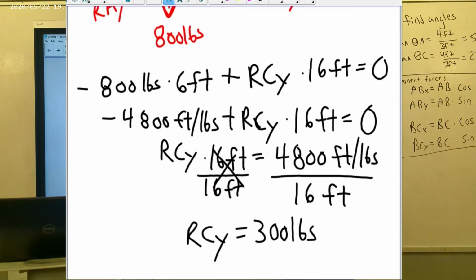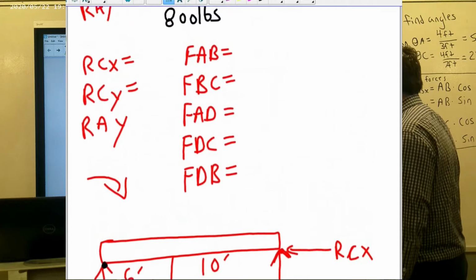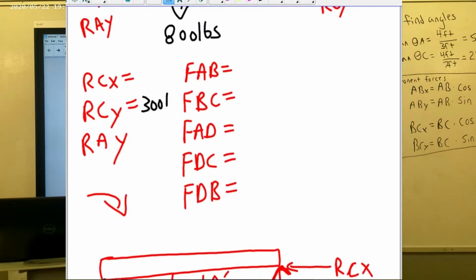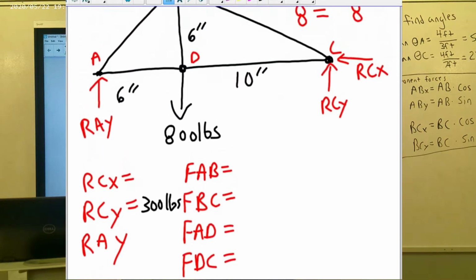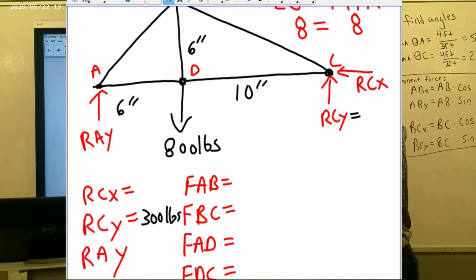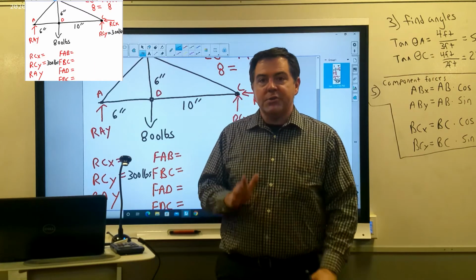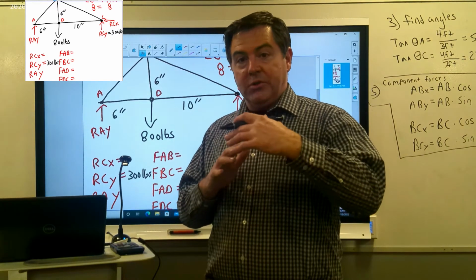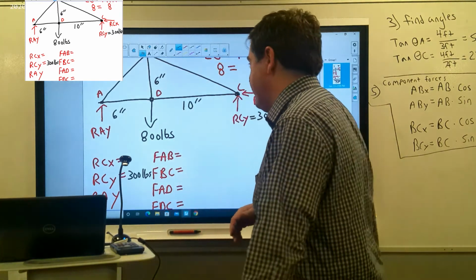So let's go back up and talk about what that actually means. That means reaction force Cy is equal to positive 300 pounds because it's in the upward direction, so we'll update our drawing to 300 pounds. And what that means is out of this 800-pound downward force, reaction force Cy is holding or supporting 300 pounds of that.